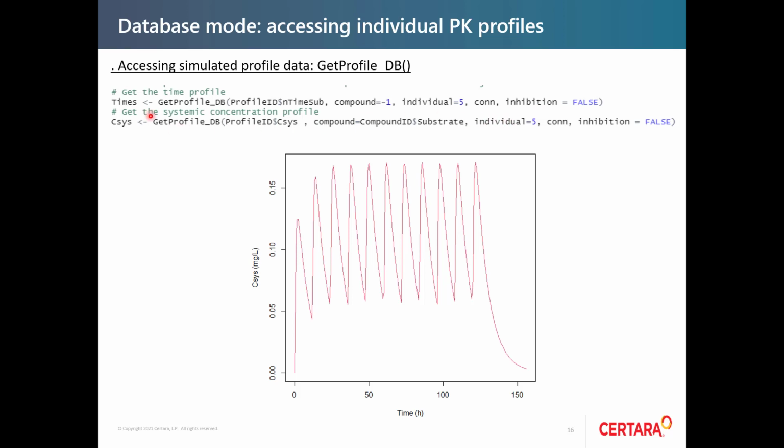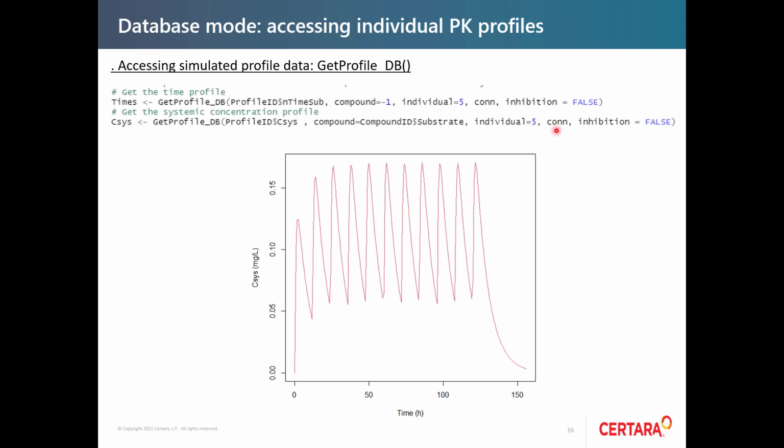Then to extract the systemic concentration time profile, I use the same function, but in this case, the profile ID is different. In this case, for the systemic concentration, the profile ID is CSIS. I need to mention the compound ID, which in this case, I'm interested in the substrate concentration profile. And I'm interested in getting the profile for subject 5.